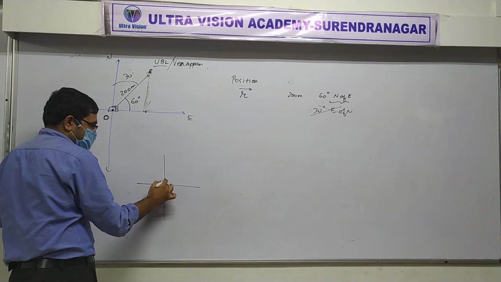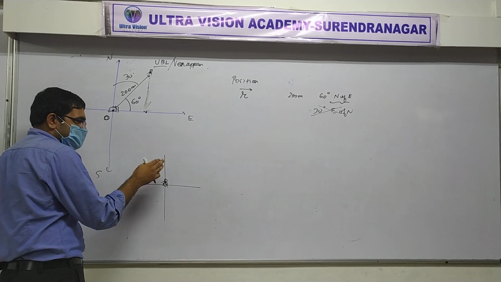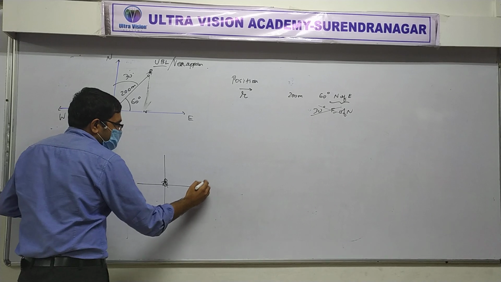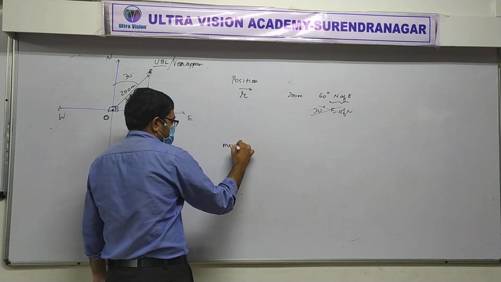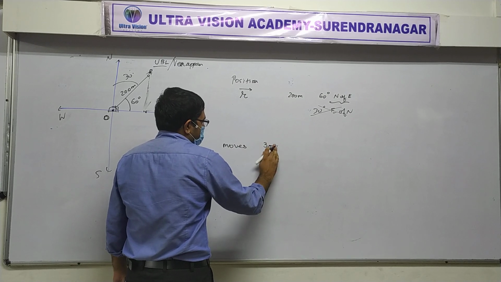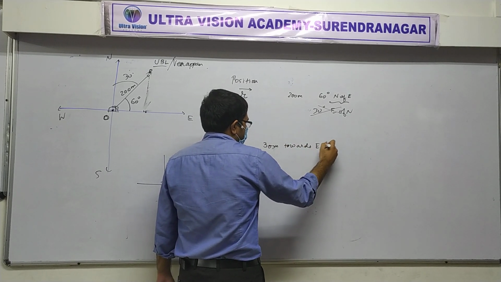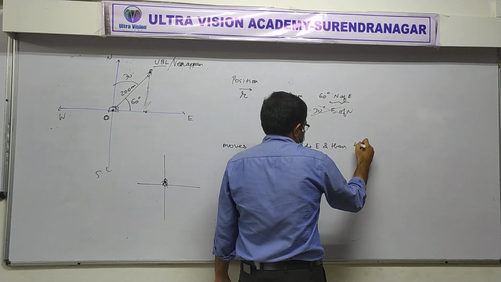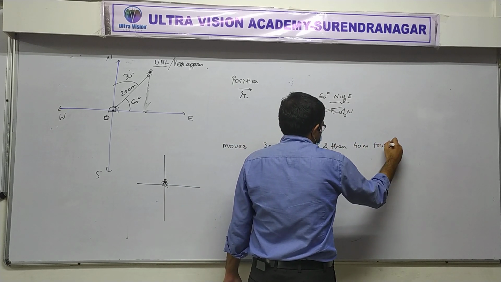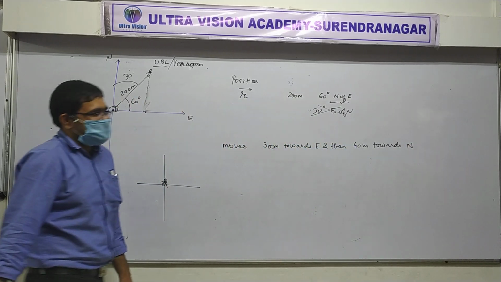The terrorist starts from the house, moves just 30 meter towards east and then 40 meter towards north. That's what the terrorist does.